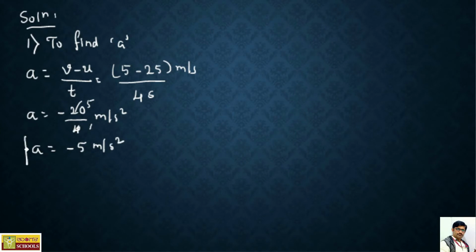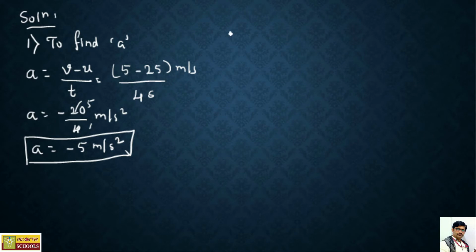So this is the acceleration of the car. The negative term indicates that the motion of the car and the applied force are opposite to each other. Therefore, A is taken as negative 5 meter per second square.